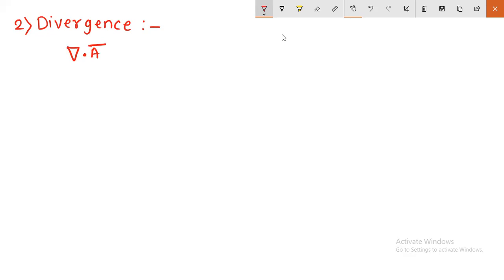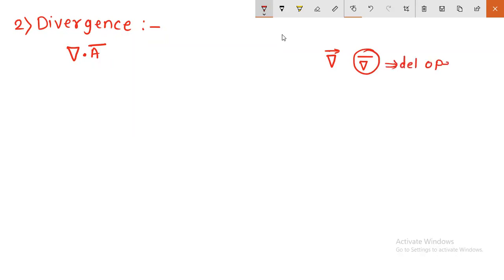You can take any vector here. And one more thing is this del operator is a vector quantity. So sometimes they are giving an arrow or one bar on this. It means that this is also a del operator.